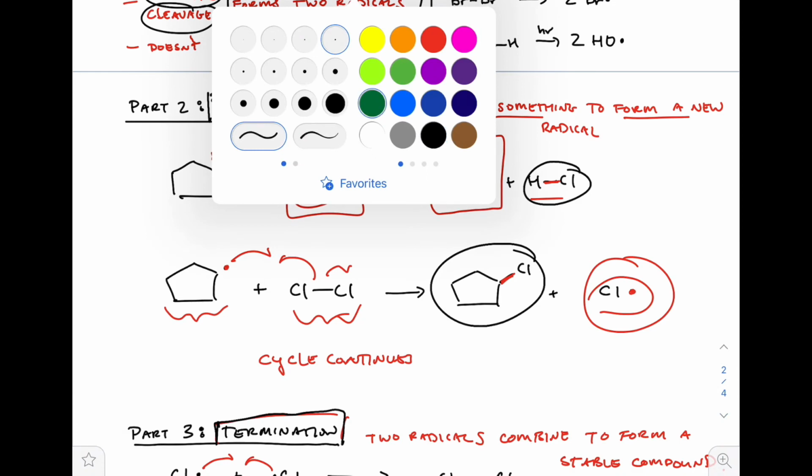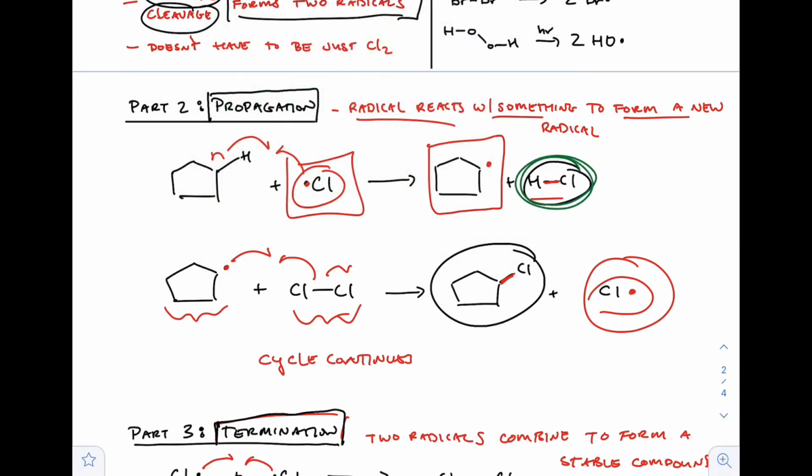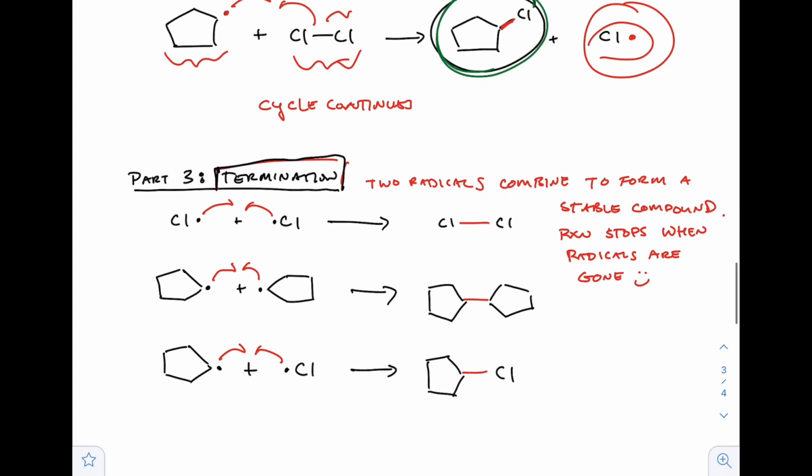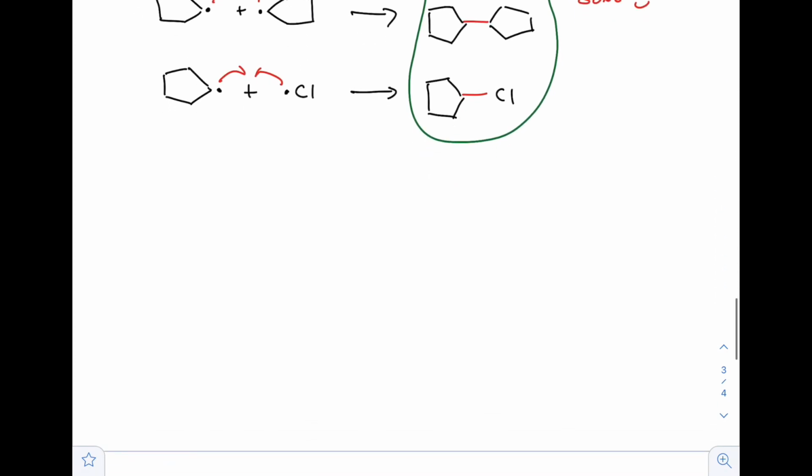So these are the new sigma bonds right here. Circle those bad boys in green. And then we formed radicals. It's important to form new radicals to allow this cycle to continue. Then we have the termination step, where we have two radicals coming together to form two neutral species with a new sigma bond. And that's pretty much it for the mechanism, right?